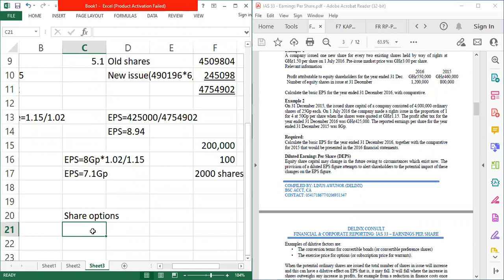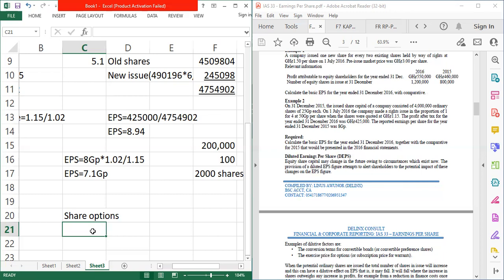The share options are, maybe we look at share-based payment, where the company is going to give share options to employees to motivate them. What normally happens is that if you want people to take up their options, you have to issue the shares to them below the market value, because it's an option.